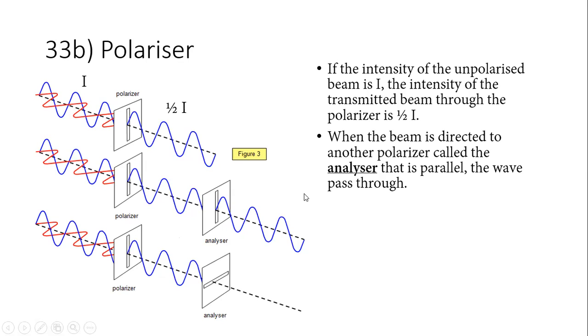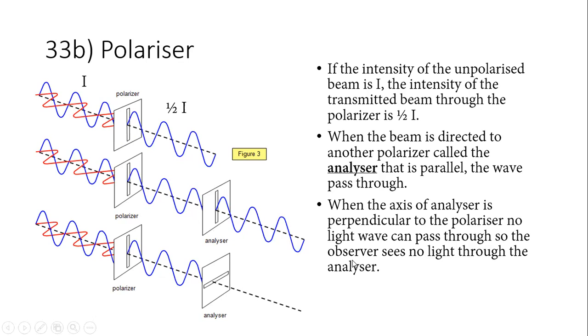When the beam is directed to another polarizer, we call it an analyzer because it helps us determine whether the light wave is polarized or unpolarized. If it's parallel, the wave passes through. When the axis of the analyzer is perpendicular to the axis of the polarizer, these two slots are perpendicular.